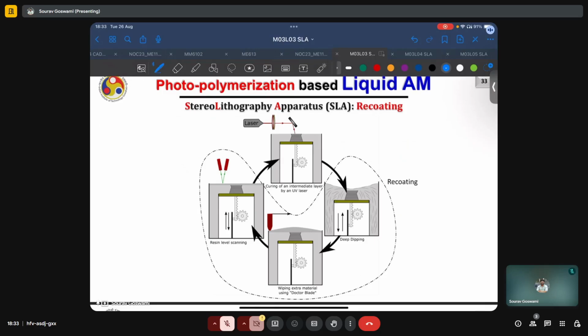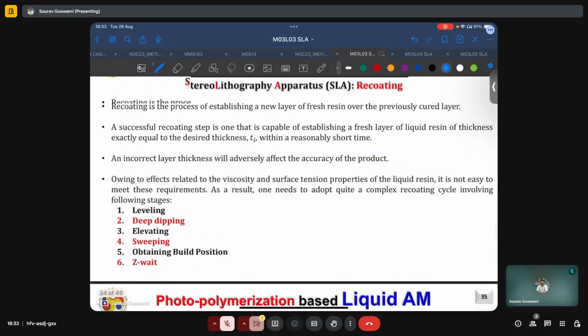Then a lot of excess resin is allowed to accumulate over the built part, and something called a doctor's blade or a roller blade, as the case may be, then wipes away the excess resin. We have some mechanism to check the level or the height of the resin column, and then further printing continues.